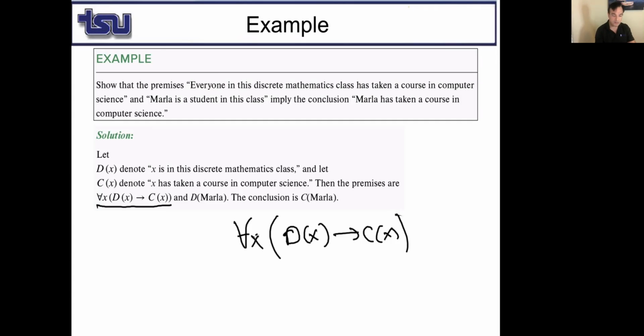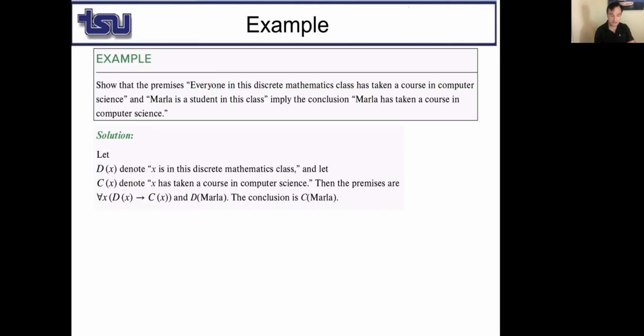And the second premise, Marla is a student in this class. So basically D(Marla). If you put Marla here, Marla is in this discrete math class. So we have those two premises, okay?